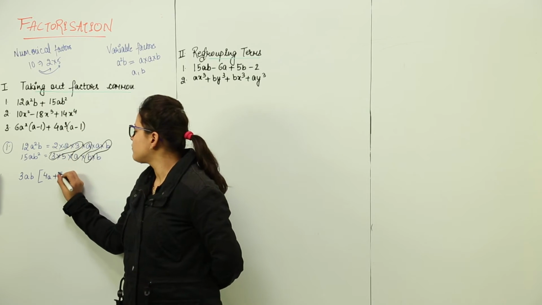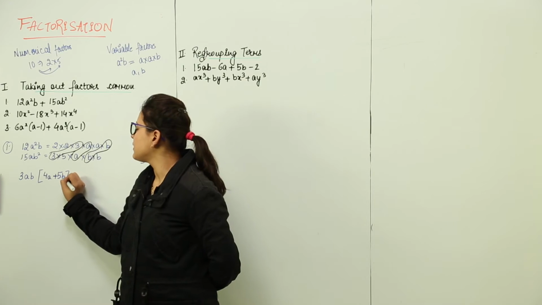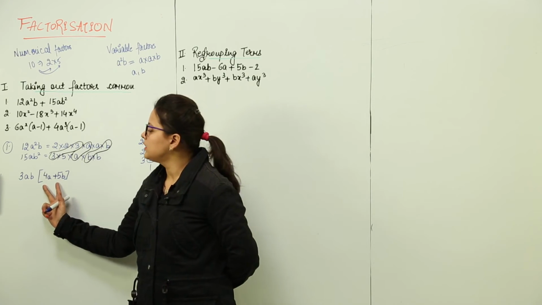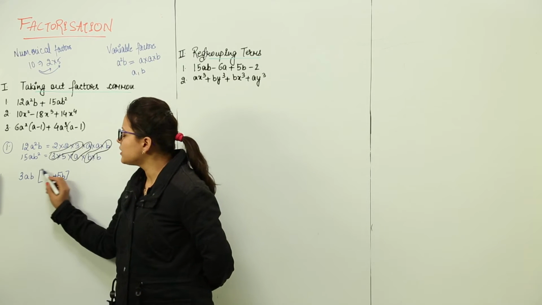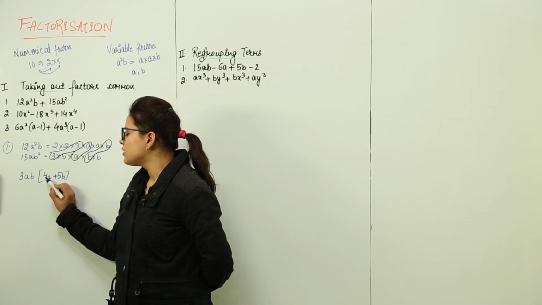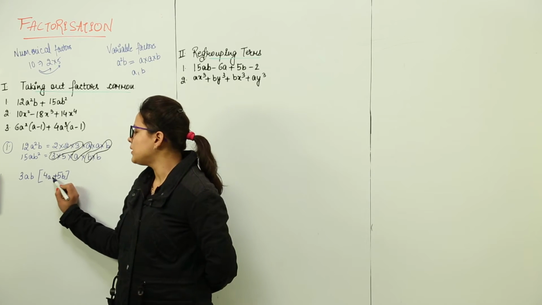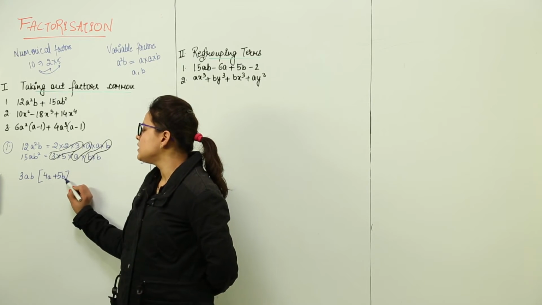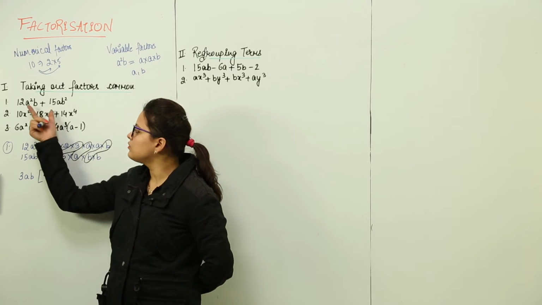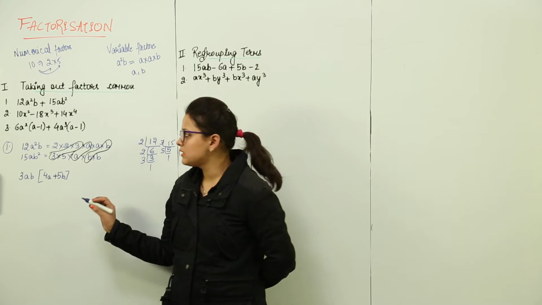It is 5b. We have nothing else common in them, right? You can also check your answer. What is 3ab into 4a? It will be 3 fours are 12 a square b, plus 3 fives are 15 ab square. It is coming out to be the same. That means the factors that you have taken out are correct.